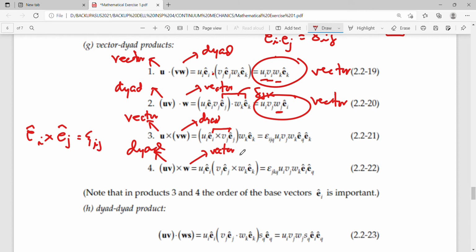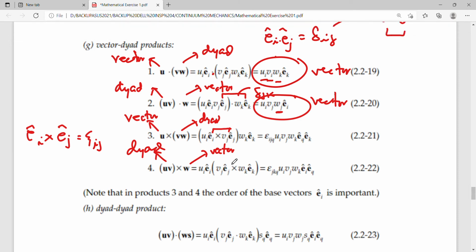Okay, whatever is the subscript you want to place here. So at this point in time, I use a Q here. So it's an epsilon ijk Q of what? Okay, of an EQ. Okay, so whatever is the last subscript there will yield the subscript of the directional vector. That's why you have epsilon IJQ and then an EQ there.